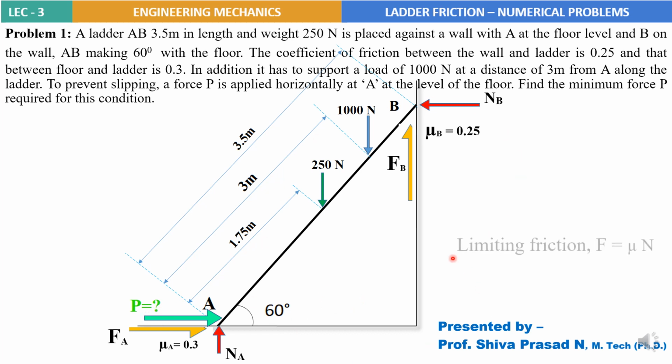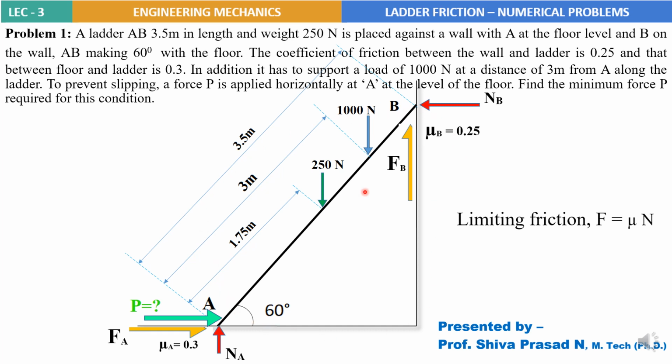This entire ladder problem is in the limiting friction condition, that is, they have asked us to find the minimum force P to prevent slipping. So if it is on the verge of sliding, what should be the minimum force to stop that ladder from sliding? So we say that this is the stage of motion impending.